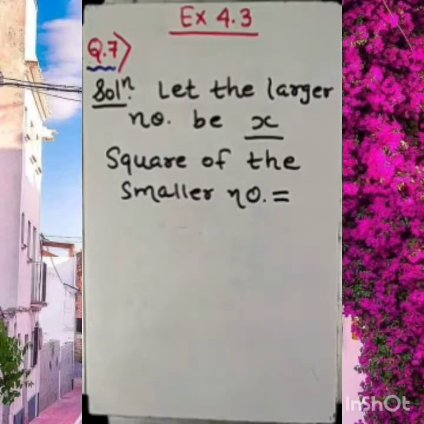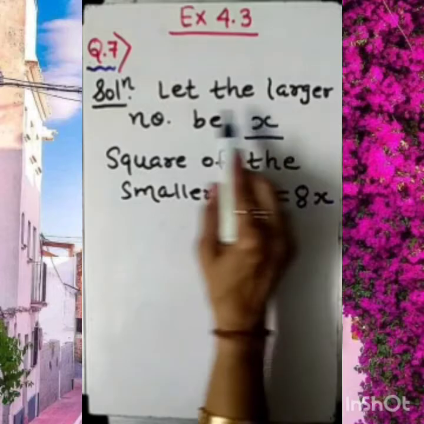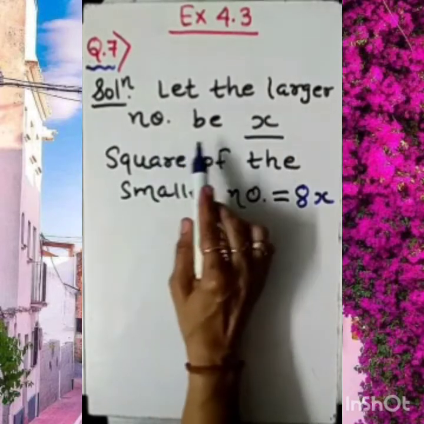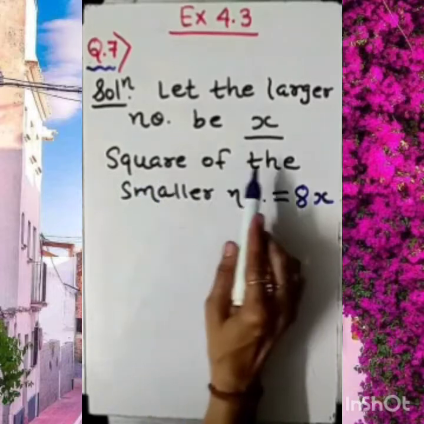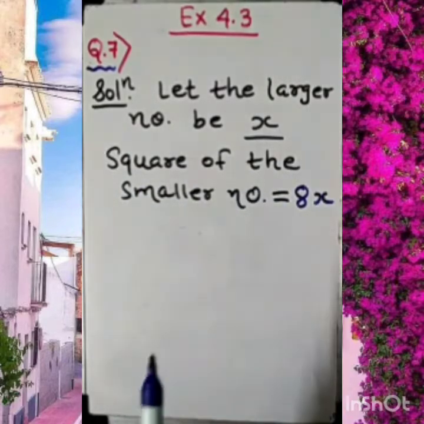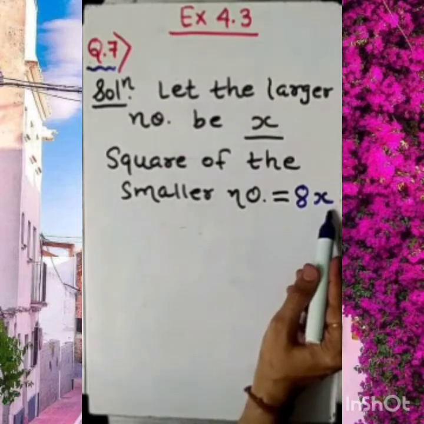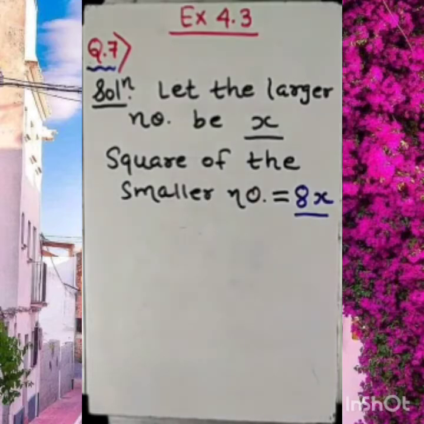It will be 8x. Once again I am explaining. Look at your screen. Let the larger number be x. Here we are given the square of the smaller number, that is 8 times the larger number, so it will be 8x. Got it?